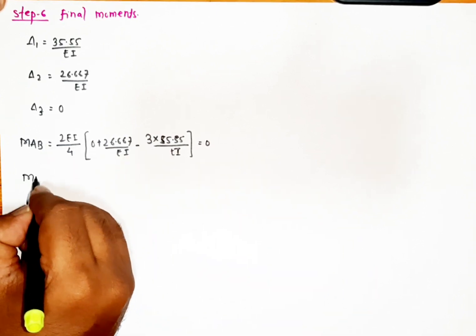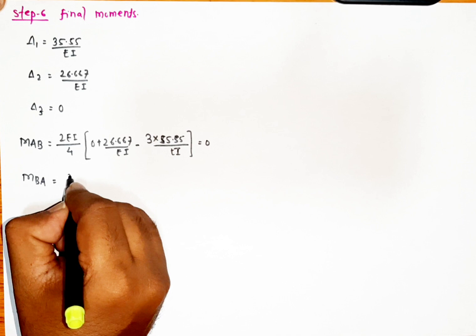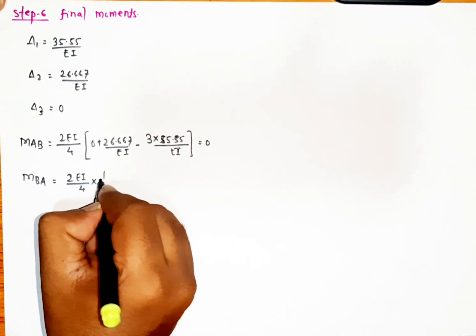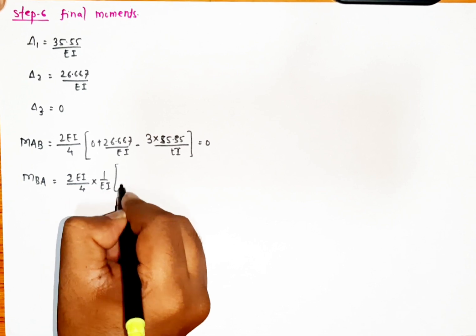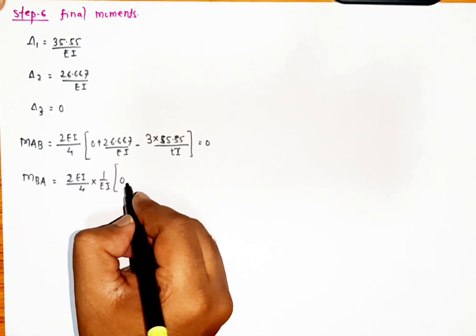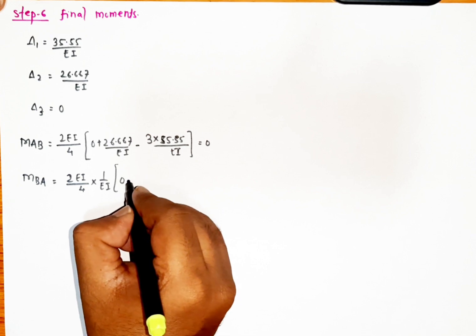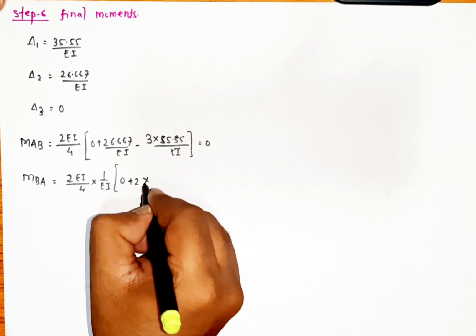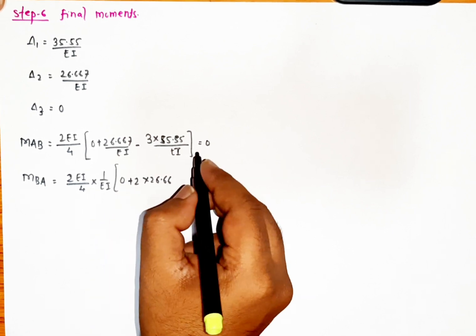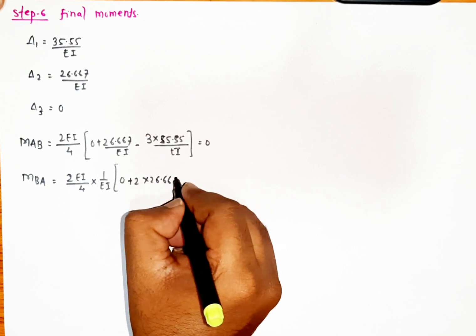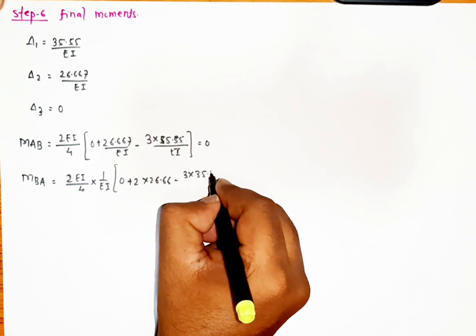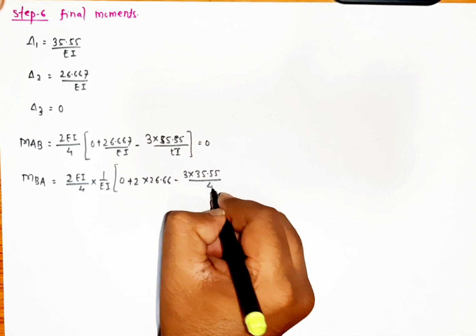Next is MBA is equal to twice of EI divided by 4 into 1 upon EI into 0, because theta A is 0, plus twice into 26.667 minus 3 into 35.55 divided by 4.